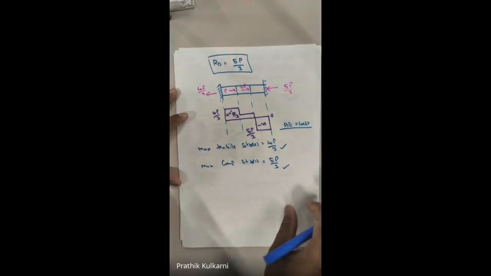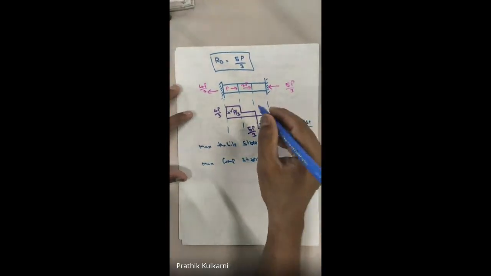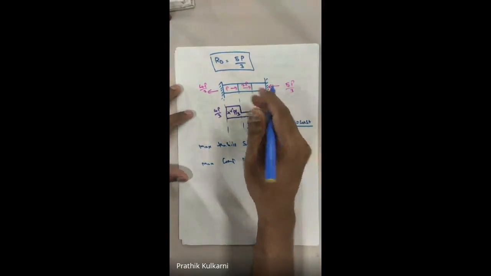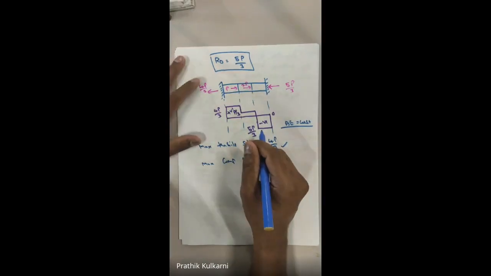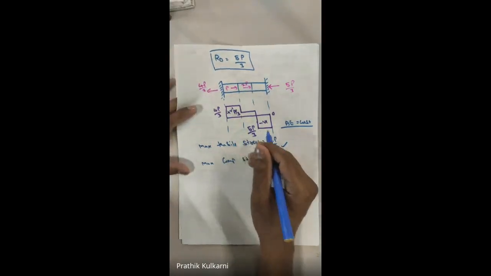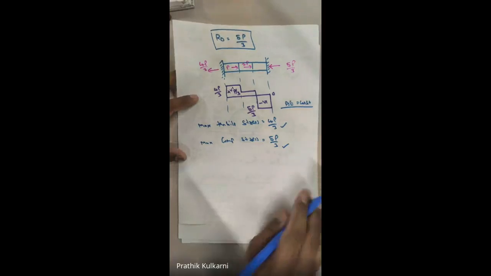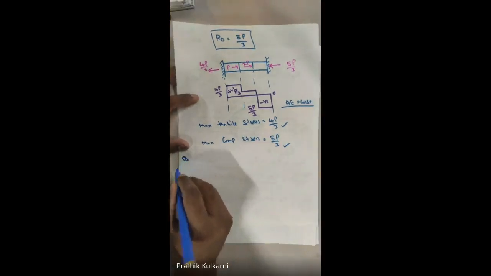See, when we are doing the problems, it looks very easy. But when you take a problem and start to do it, you might face difficulty. Fine. So question 3.